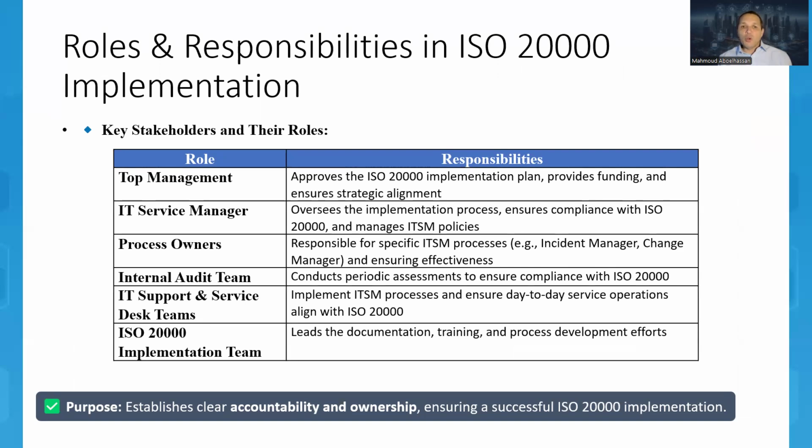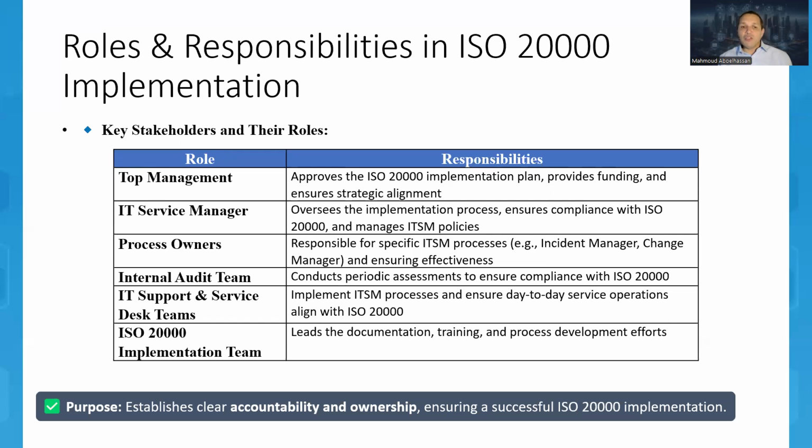Process owners are responsible for specific IT service management processes, such as incident and change managers. The internal audit team will conduct periodic assessments to ensure compliance with ISO 20000. IT support and service desk teams will implement and execute the ITSM processes and ensure day-to-day service operations align with ISO 20000.